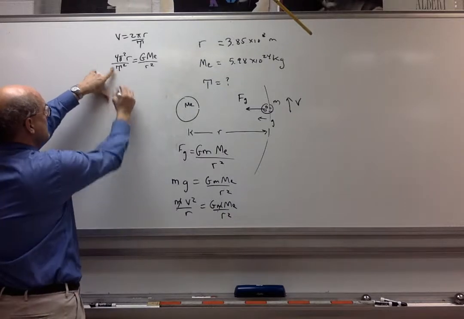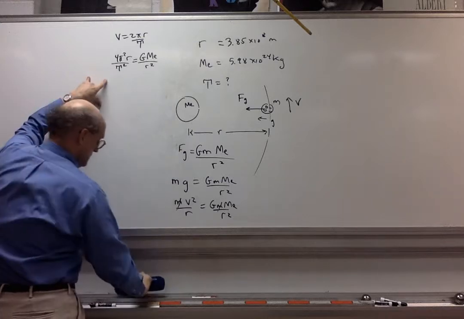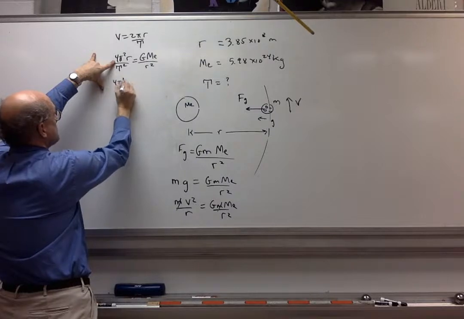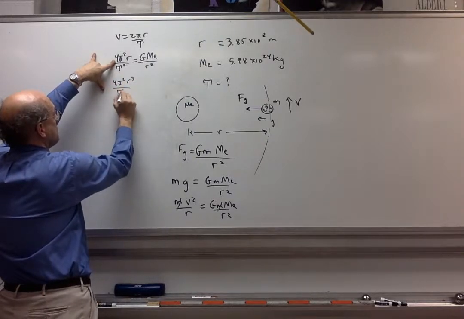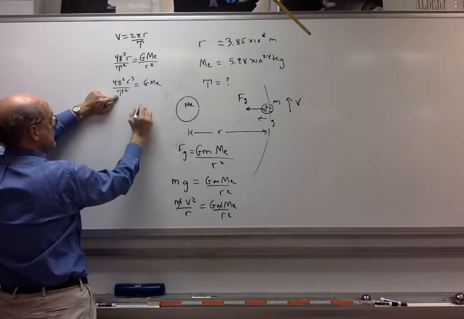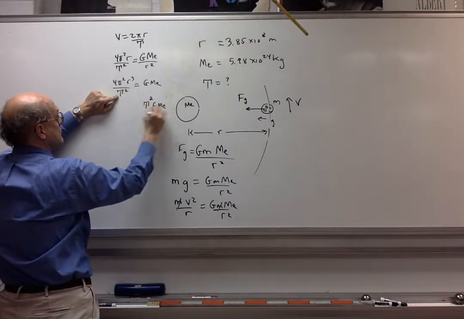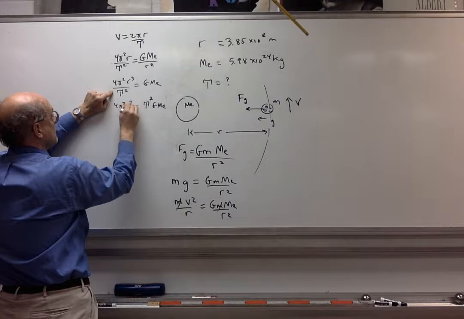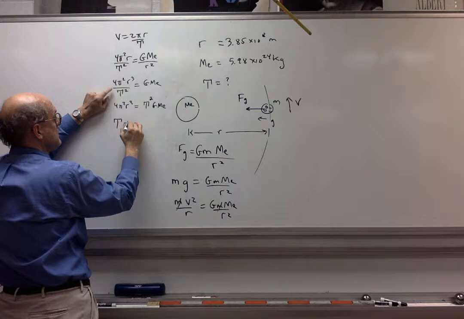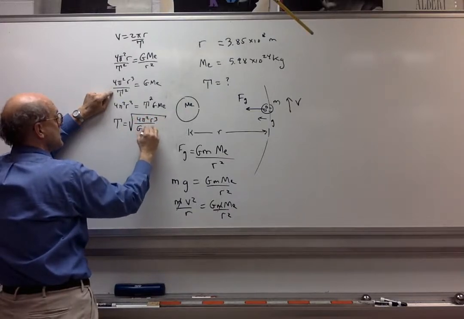Solving for period squared, I'm going to first multiply r squared on both sides, so I get 4 pi squared r cubed over the period squared. And now I'm going to multiply both sides by period squared. And now I'm going to solve for period. So I get the period is equal to the square root of 4 pi squared r cubed all over G M E.